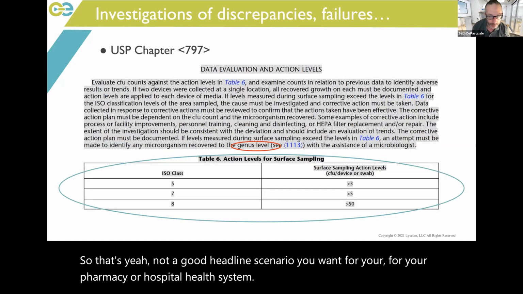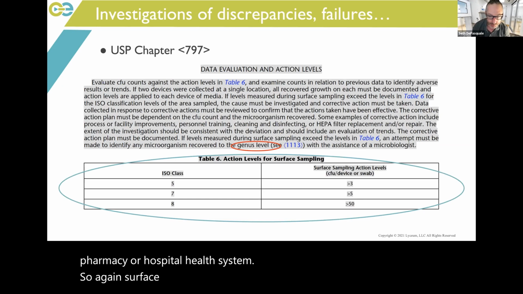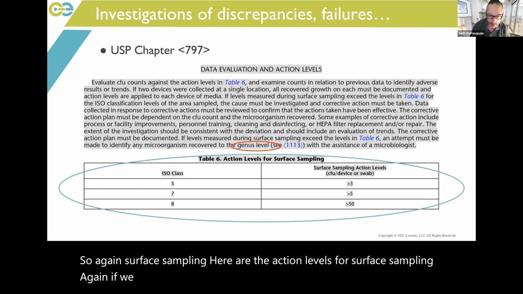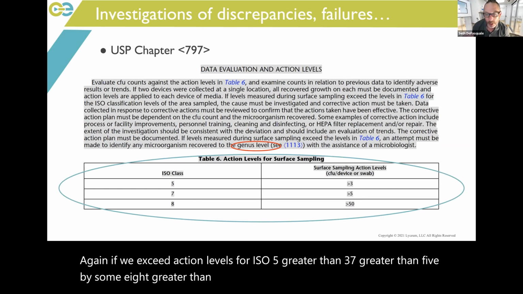So again, surface sampling, here are the action levels for surface sampling. If we exceed action levels for ISO 5 greater than 3, ISO 7 greater than 5, ISO 8 greater than 50, we want to identify those to the genus level.